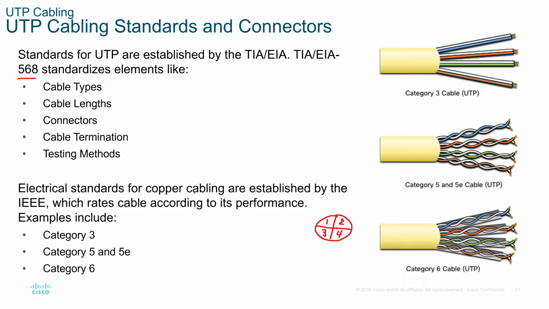The electrical standards for copper cabling are established by the IEEE, and that rates cable according to its performance. So Cat 3, Cat 5 and 5E, Cat 6. Again, these are regulated by the IEEE. How we put these into a connector is regulated by the TIA EIA.